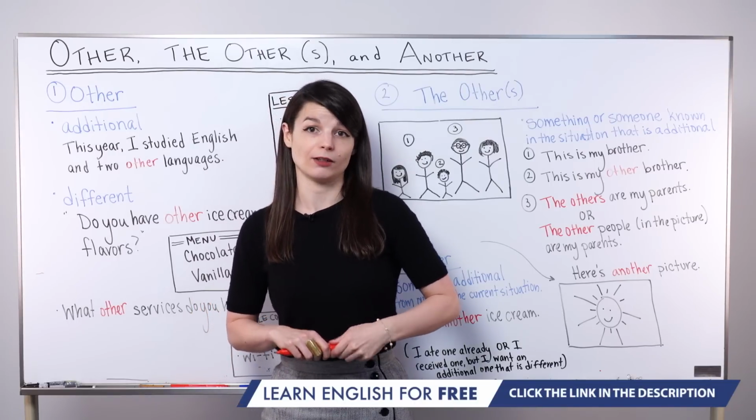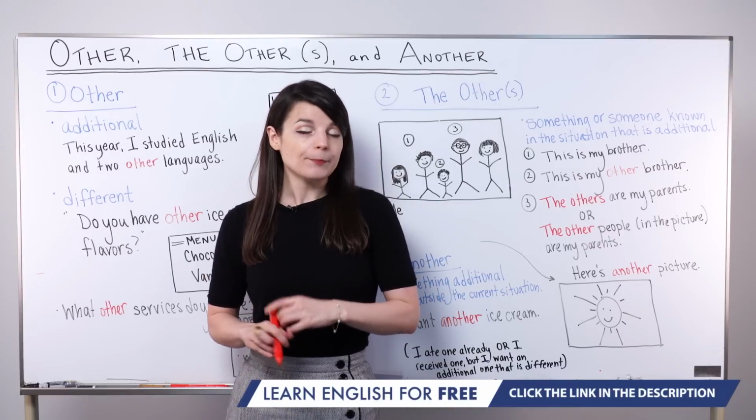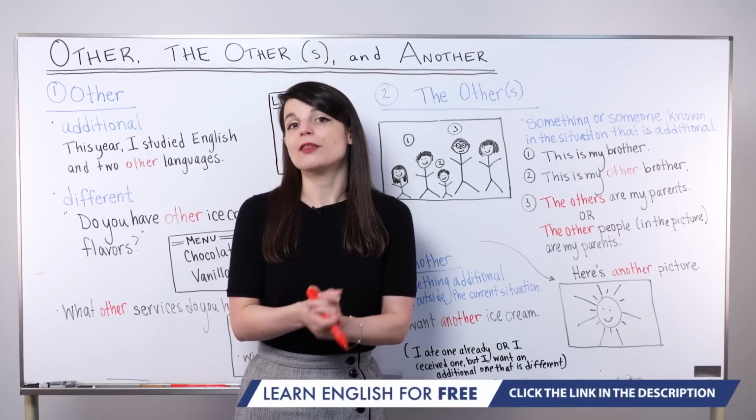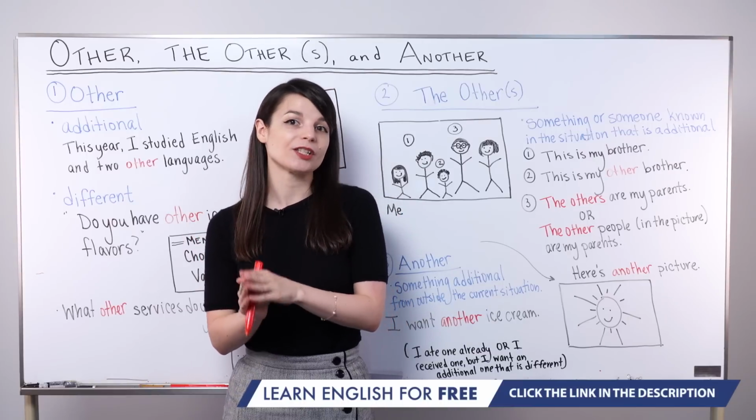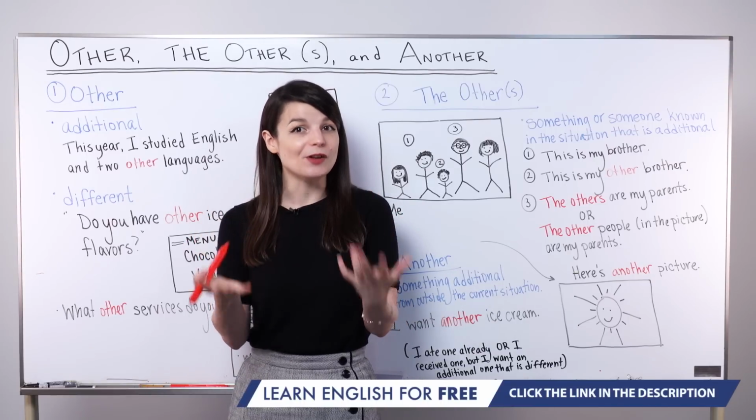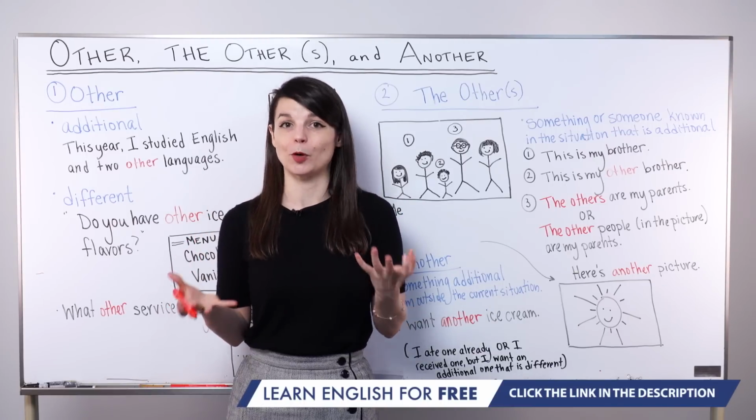It is grammatically incorrect. You could say, "Here is the other picture." However, you must establish a situation in which it is known that there are two or more pictures.